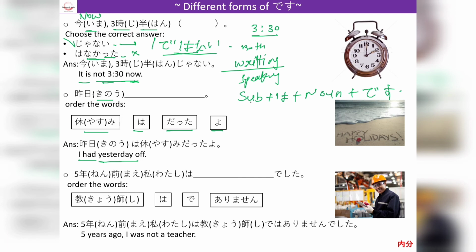So now it is talking about yesterday, so we simply have to change this into other forms, and we already have the subject, so our next option would be wa. The noun is our yasumi, which means off or holiday.